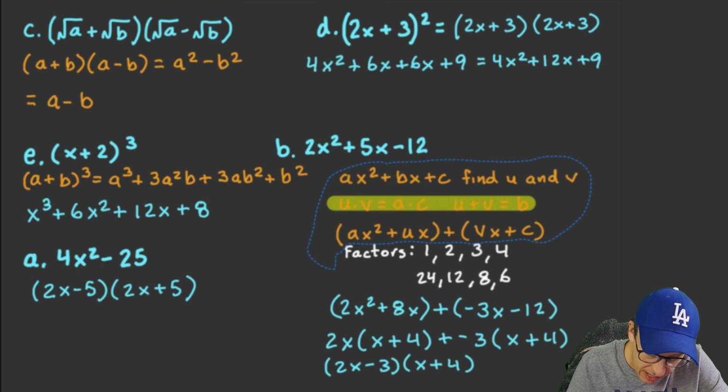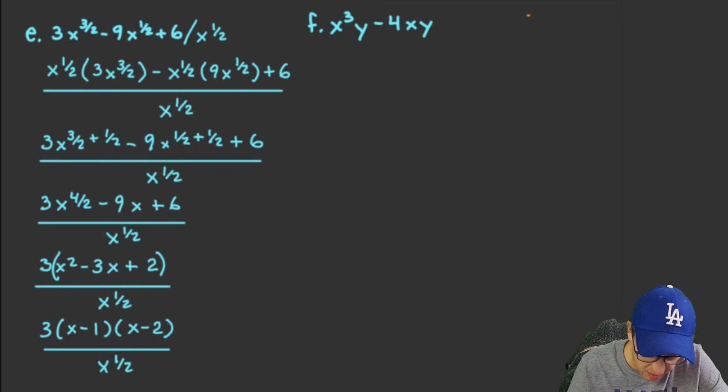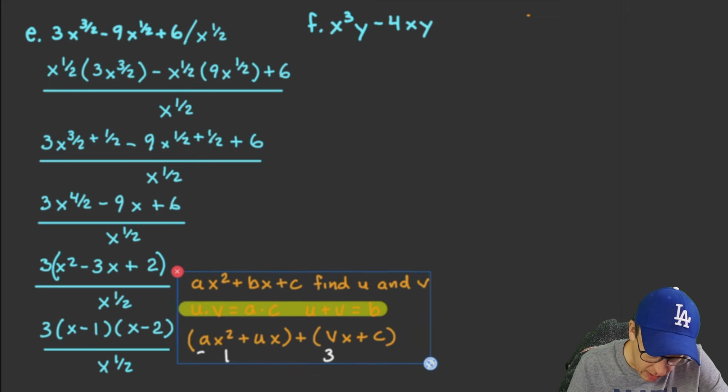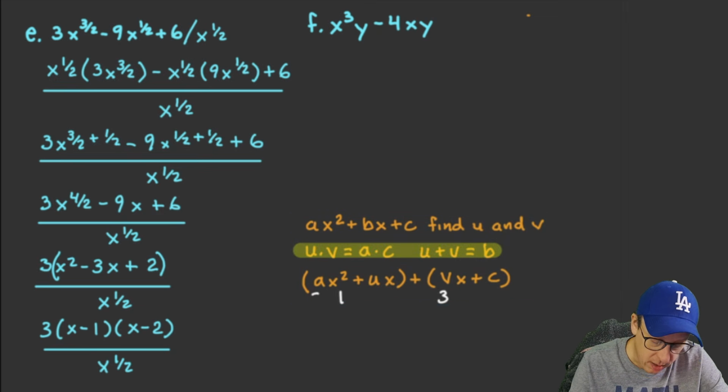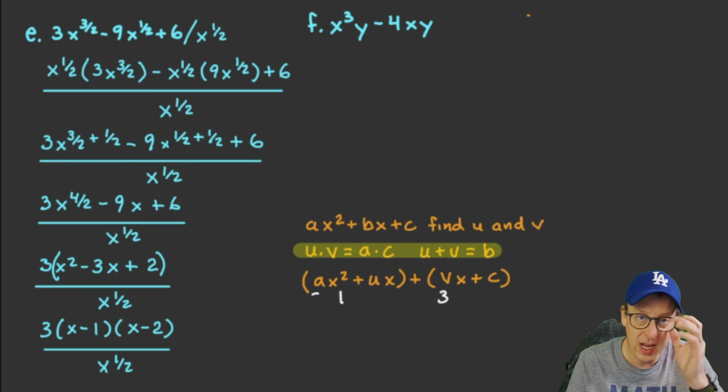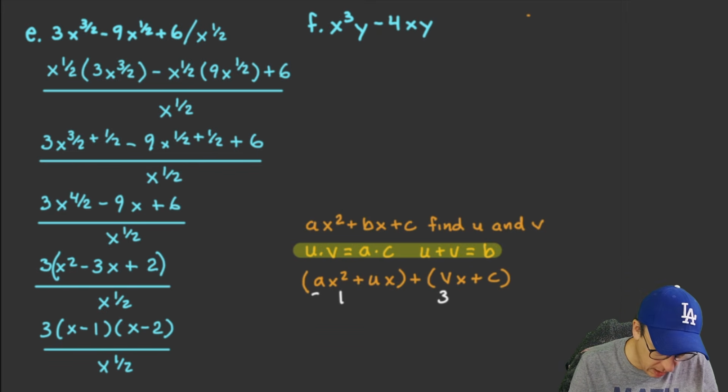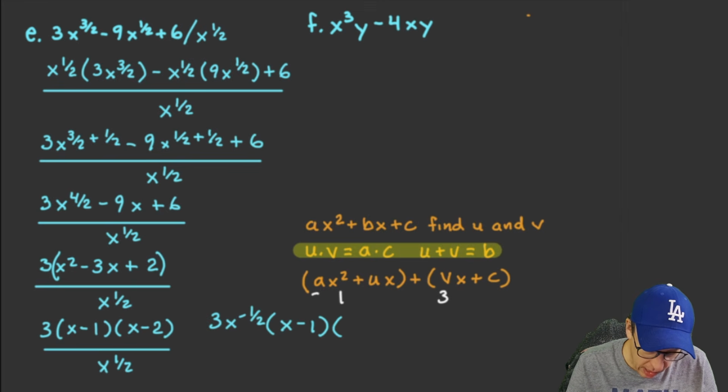I'm just not pointing them out every single time because I'd just be listing the rules over and over and over again. So we're going to be using this rule again to find our values of u and v to simplify this formula down even further. And this is going to end up being equal to, can't see that, so let's move it over here and then we'll just delete it because I don't have enough screen real estate to fit in this long problem. 3x^(1/2)(x minus 1)(x minus 2).